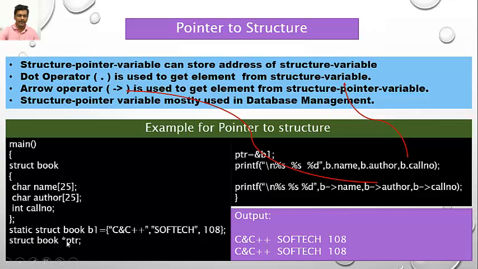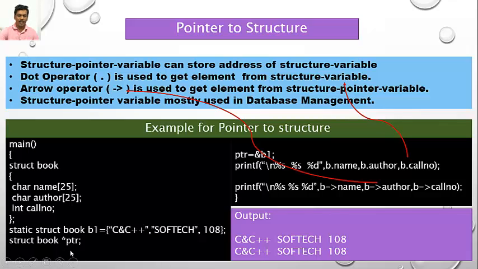The size of ptr is 2 bytes because the size of all types of pointer variable is 2 bytes. But the size of b1 is 52 bytes, that is 25 plus 25 plus 2. ptr is also a struct book type variable, but it is a pointer variable.